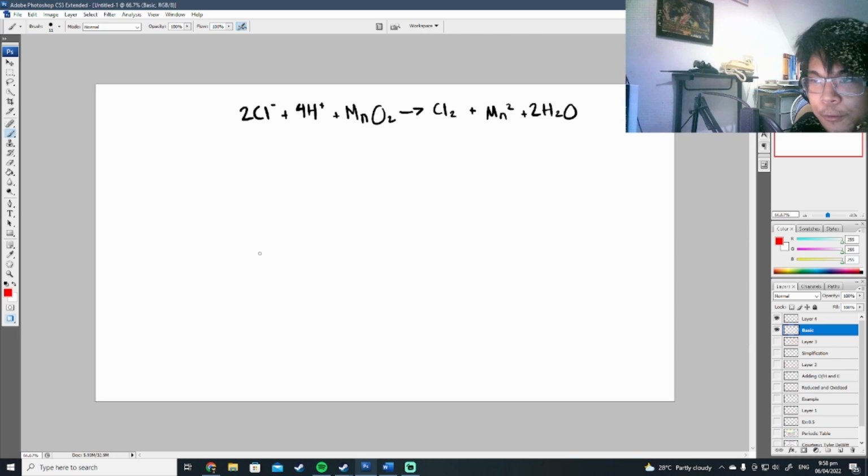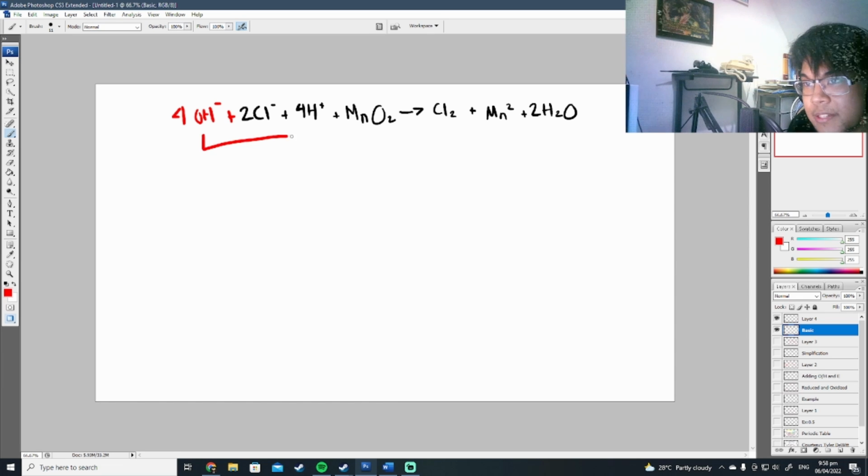What we have to do to get the basic solution is eliminate 4H+. And how do we do that? To eliminate 4H+, we have to add OH negative. Since we have 4H+, we add 4OH negative to that side.